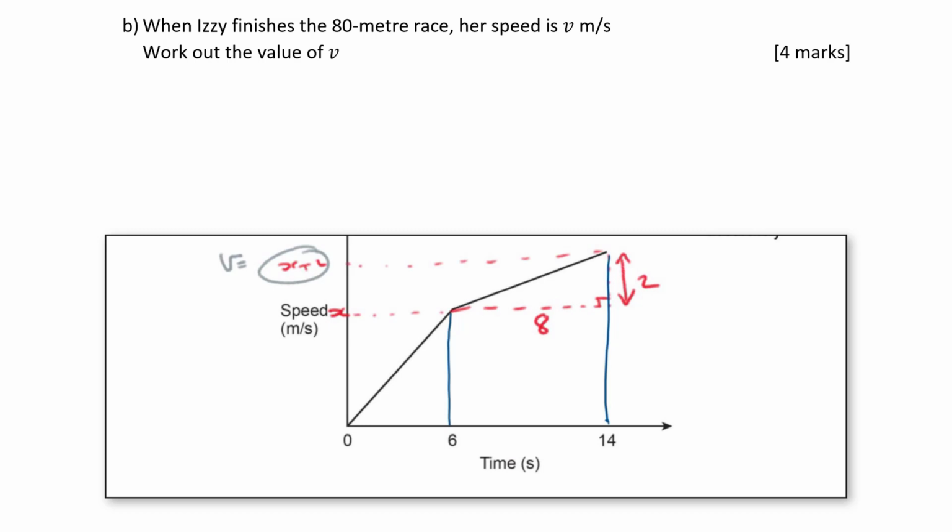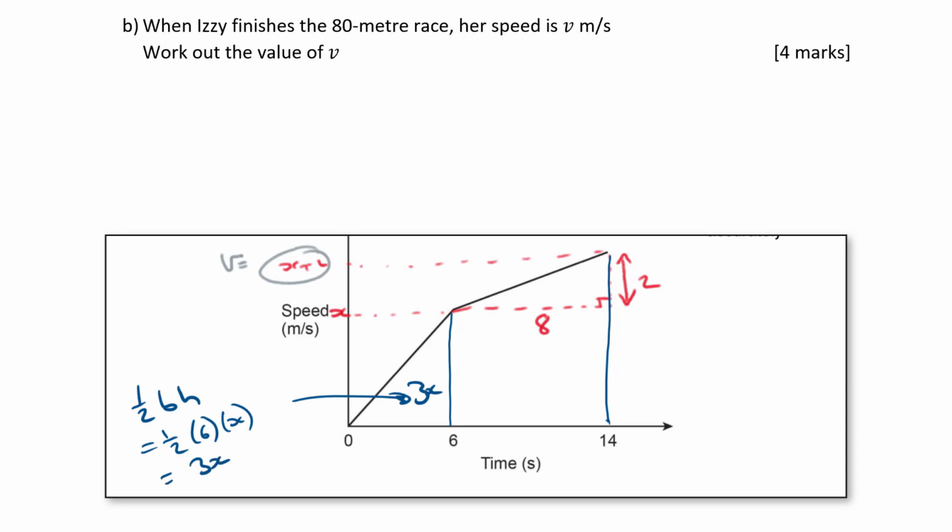So the area of this first triangle is half base times height, which is equal to a half times the baseline, which is 6, times a height, which we called x. So half times 6 times x. That means that this has an area of 3x, doesn't it? Okay, so the triangle has an area of 3x.